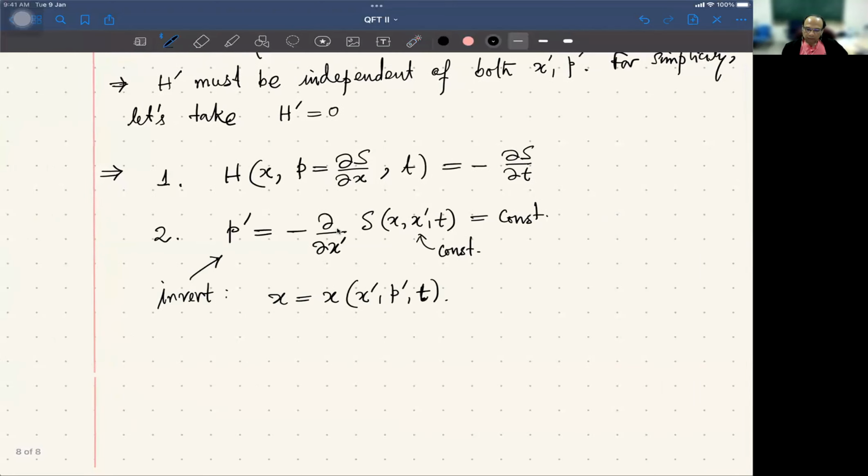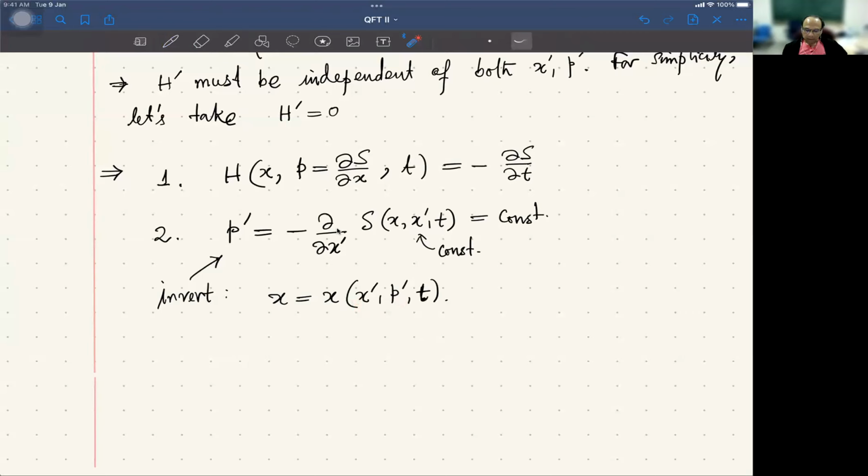So now let us focus on this equation. What does it mean? This is a function x written in terms of x prime, p prime and t, where x prime and p prime are constants of motion.